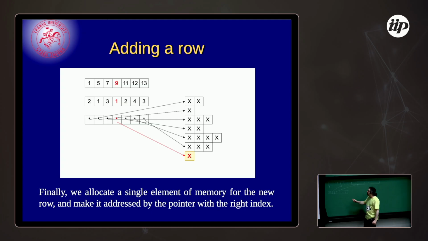This way, when you want to address an element, you address it as element j after the pointer i, so pointer i, j.